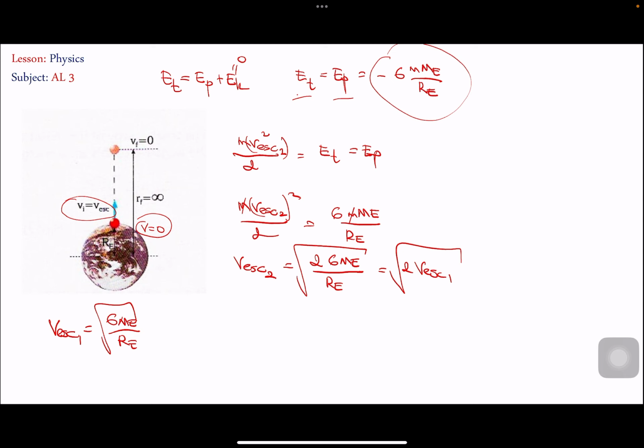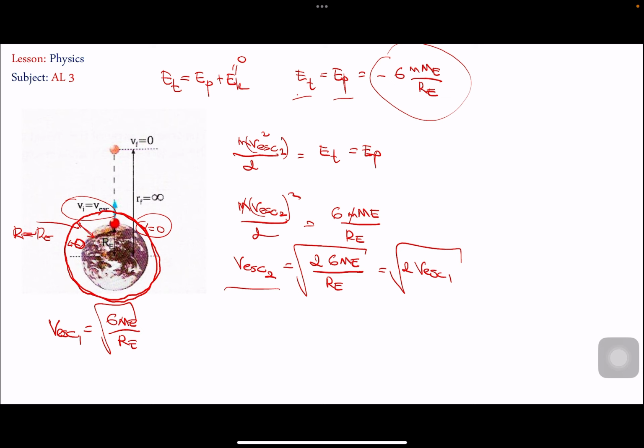So what's the difference between the meanings here? Again, escape speed 1 is the speed that you have to give to an object to launch it to a certain orbit. It won't go away. It will just turn around the surface of Earth, very close to it, so I can say that the orbit radius is approximately equal to the radius of Earth.